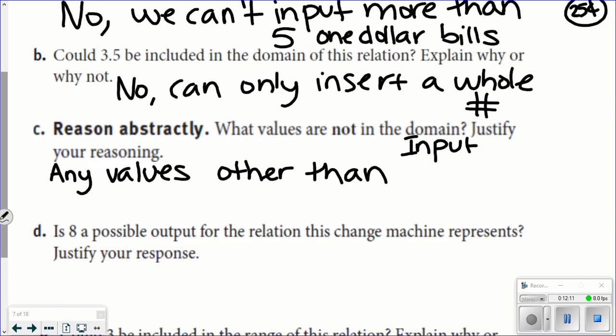Well, if we don't want any quarters, we can just put in 0, $1, $2, $3, $4, $5.